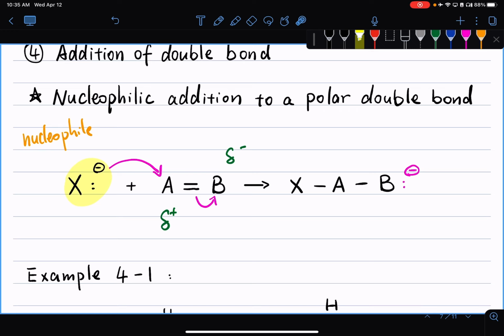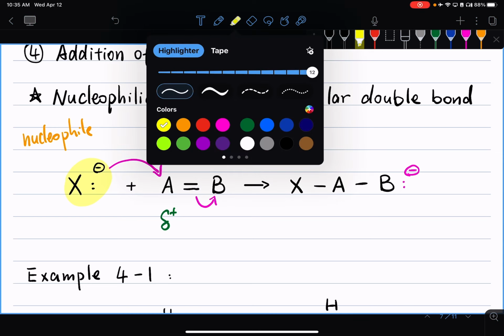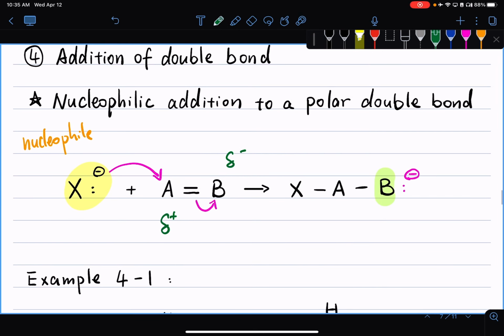And since B is our more electronegative atom, we have our new anionic charge on our atom B.